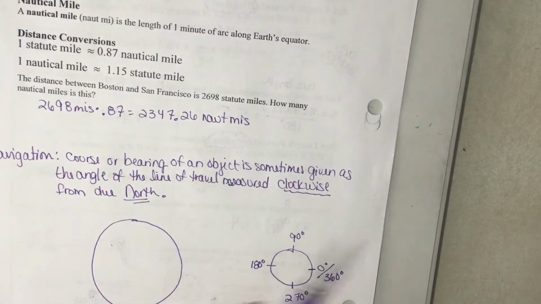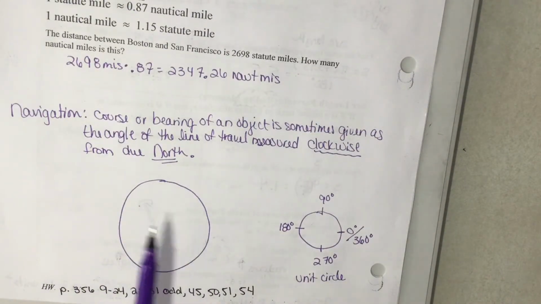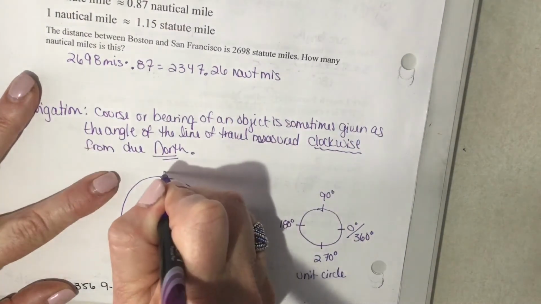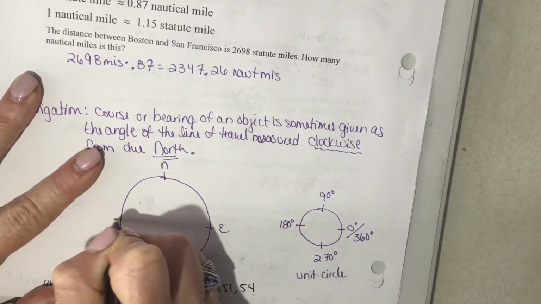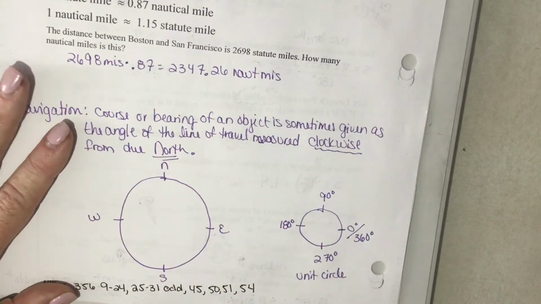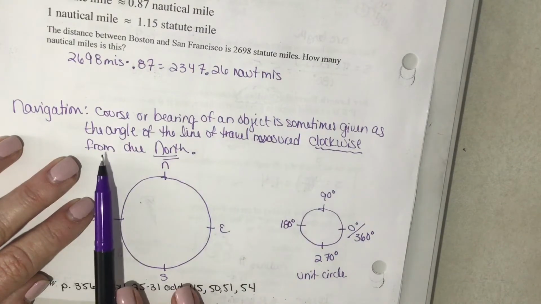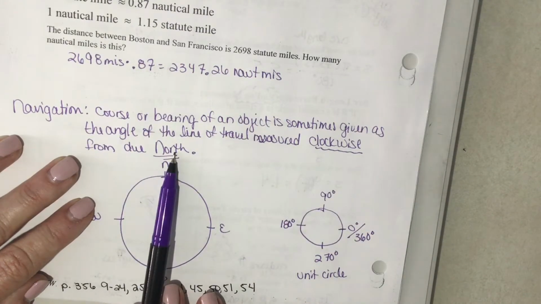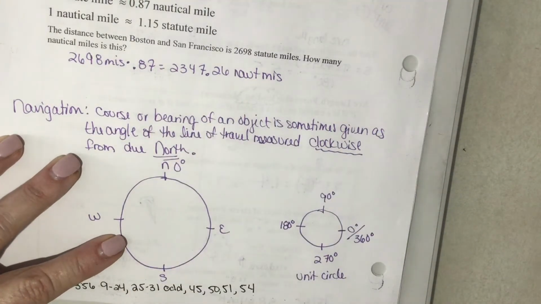Now what they're talking about here, how navigation works, what we're going to do is set up a compass, so to speak. So I'm going to first do north, south, east, and west. That might be a little bit easier for us to make our angle measurements. It says the angle of line of travel measured clockwise from due north. So due north is going to be 0 degrees.